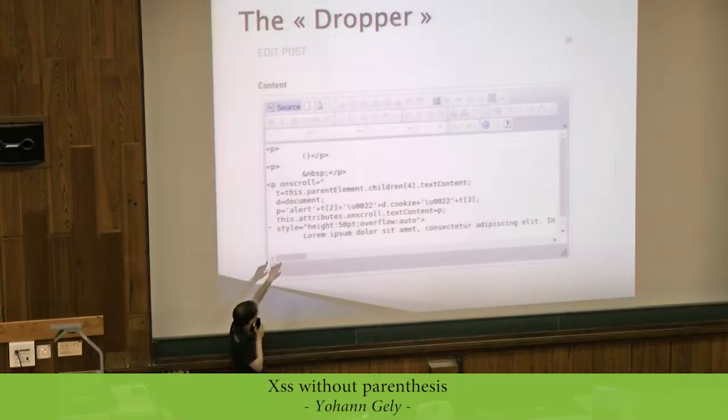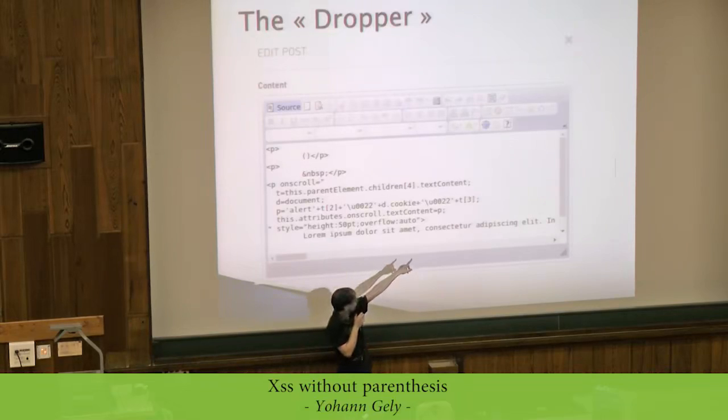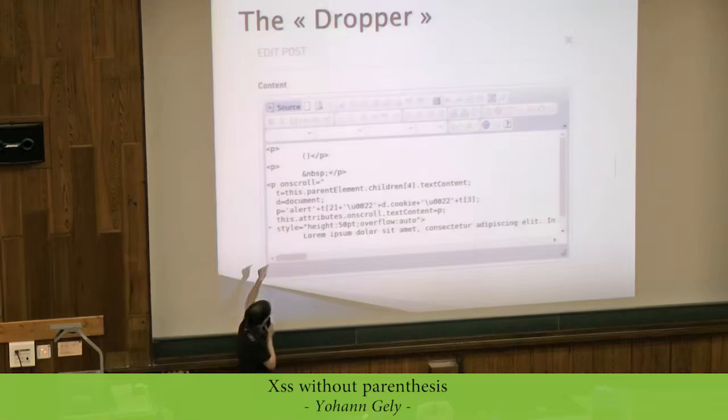So you create a string with your function, the index of the parentheses in the text you got before, your quote, what to do. So this is just an alert cookie, and the closing parenthesis. You list the attributes of the current object. So this is the P with the onScroll.